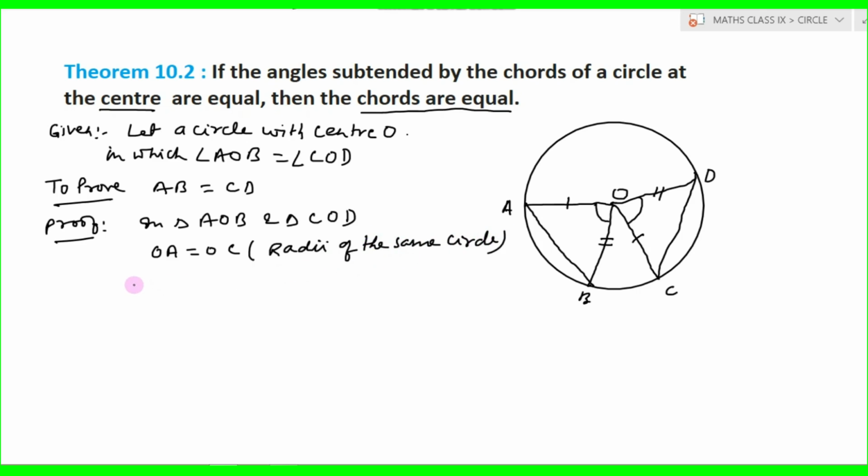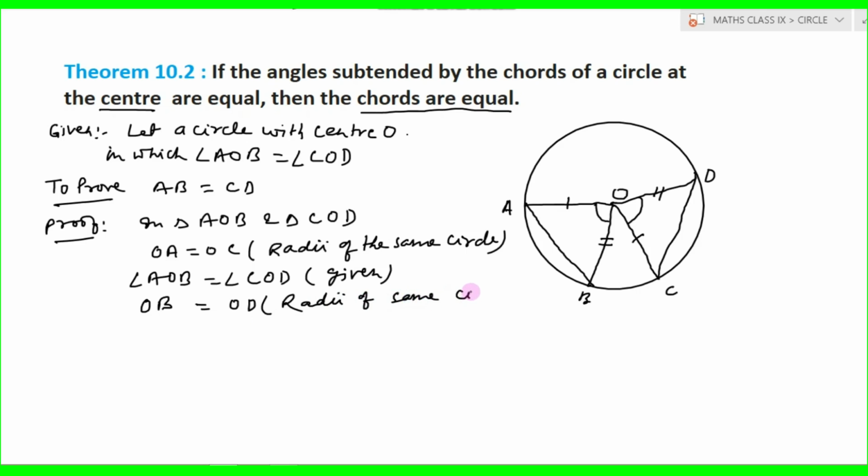Then angle AOB is equal to angle COD. This is already given in the question. In the statement it is given these two angles are equal. Finally, one more step, OB is equal to OD. Here also the same reason, radii of the same circle. That's why they are equal.